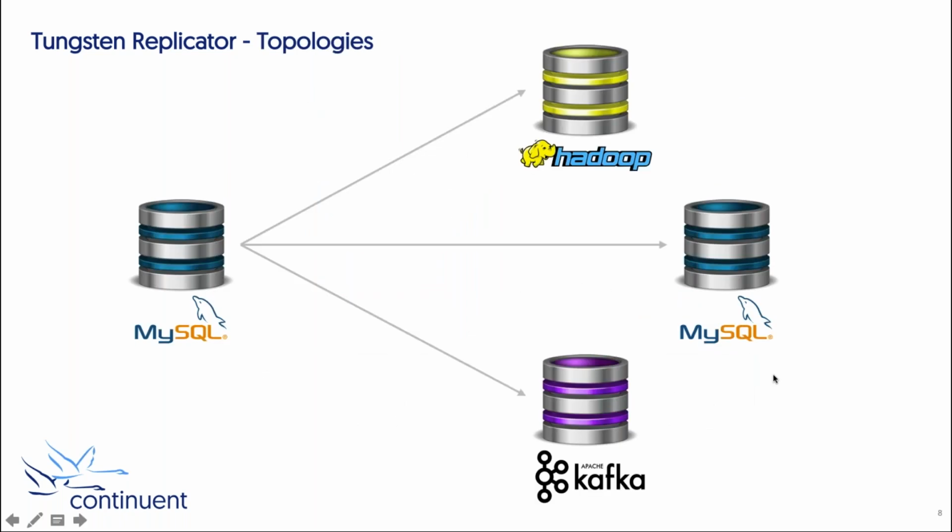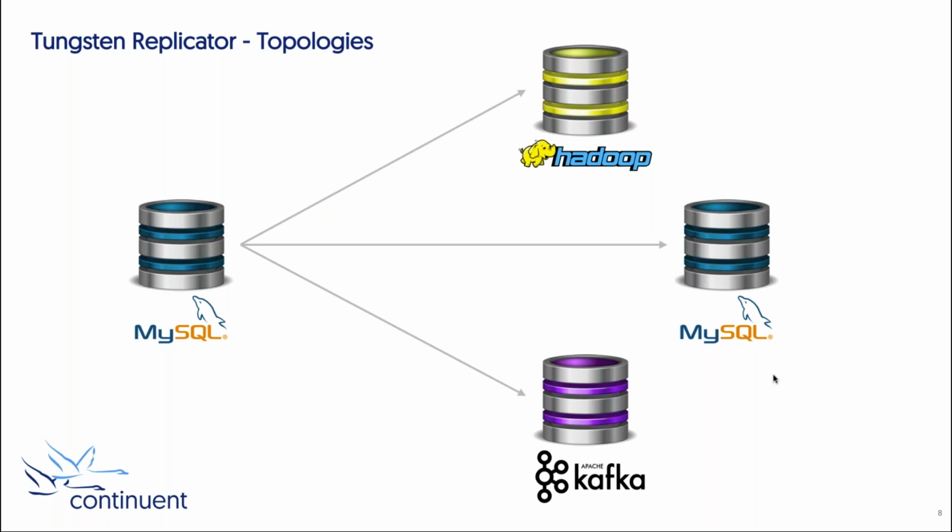I mentioned that we can create complex topologies, and over the next few slides, we're just going to have a quick look at those. Here is what we call our simple fan-out process, so one master, multiple targets. Here the source is MySQL, and we then have Hadoop, MySQL, and Kafka as the targets. We just have one installation of the replicator running on that source, and each of the replicator installations on the targets hooks into that extractor process, pulls the THL across, and applies it.